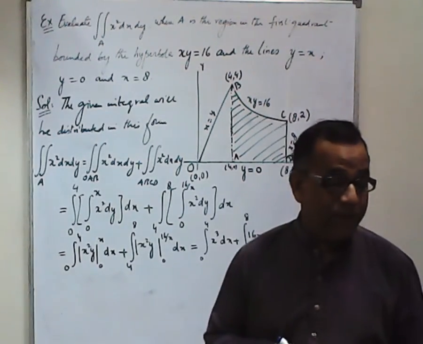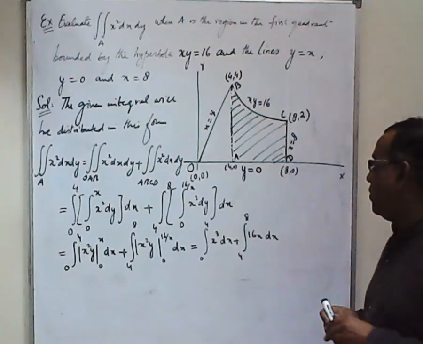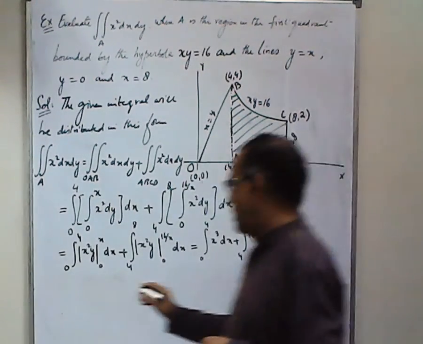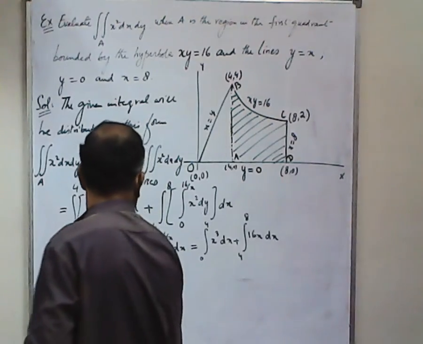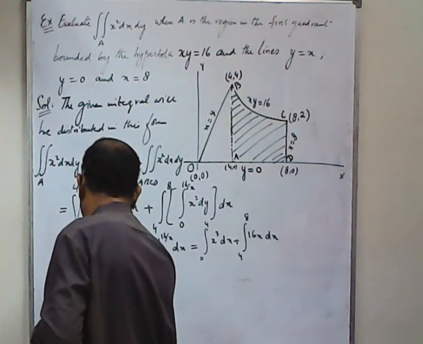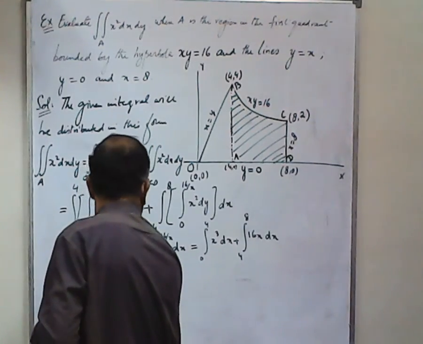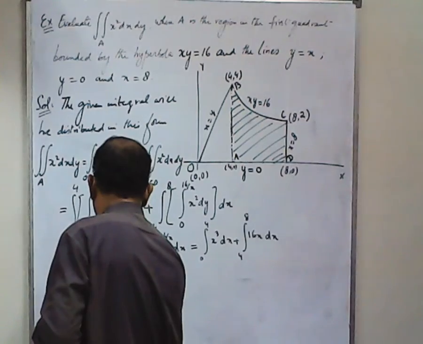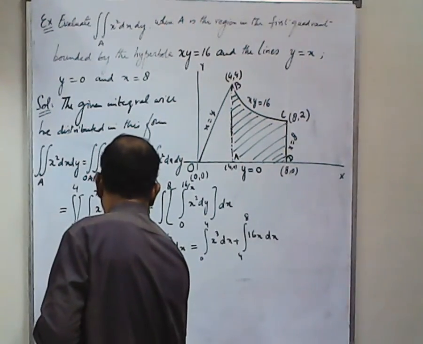So what I find is 16x from 4 to 8 and x cube. Now integration is much easier and straightforward. So it is x power 4 by 4, 0 to 4, and plus 16x square by 2, meaning 8x square, and this is 4 to 8.